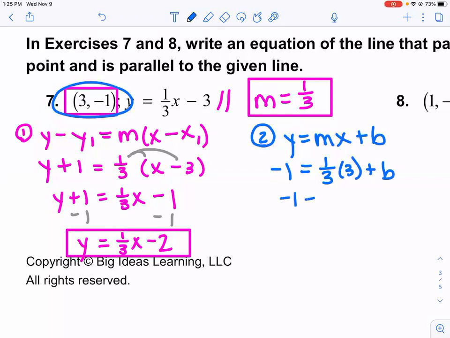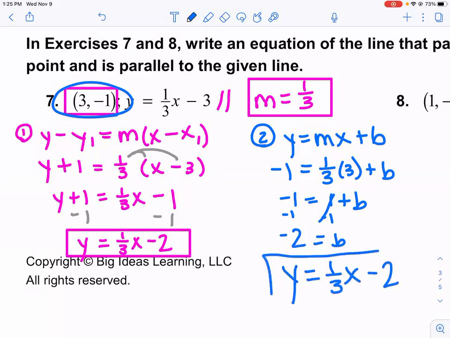So I have -1 equals 1 plus b. So what's b? Oh, so y equals mx plus b. I know my slope is 1/3. I know my b is -2. Your mind blown.